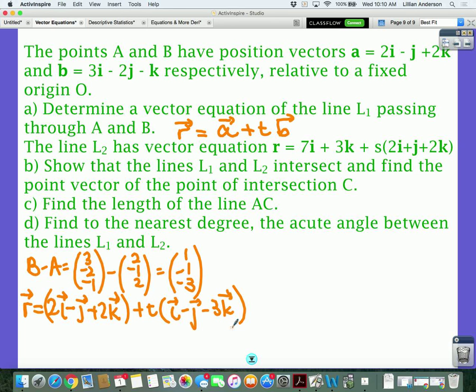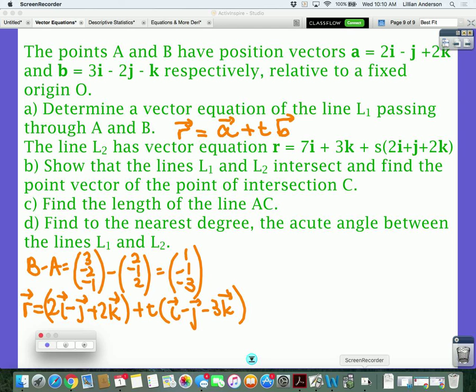So given just a direction vector, you can't get magnitude. Say it one more time. If you're just given a direction vector, you can't get magnitude from it. If you're just given r equals a plus tb, like just like that, that's all we're given.